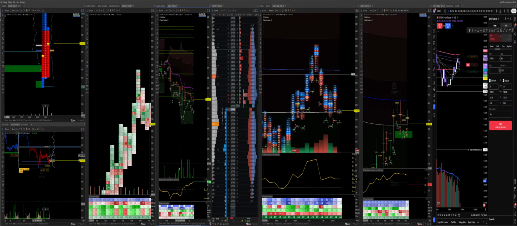It's looking like a dildo up, literally, and it's just been nuking.